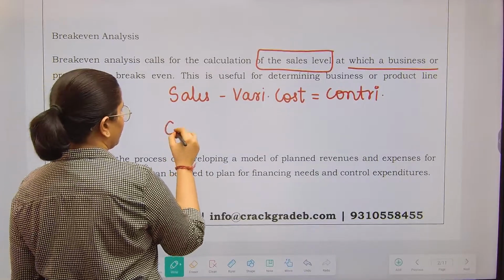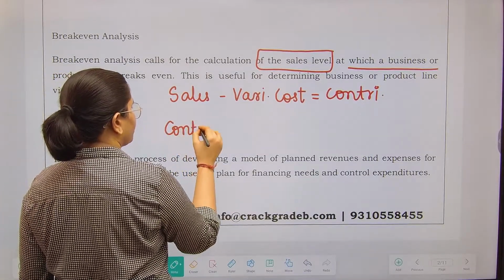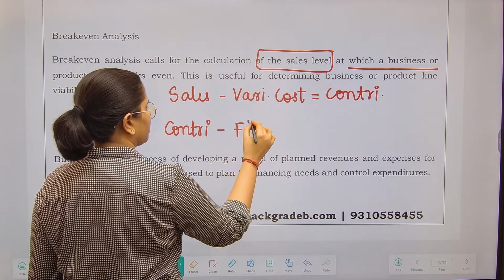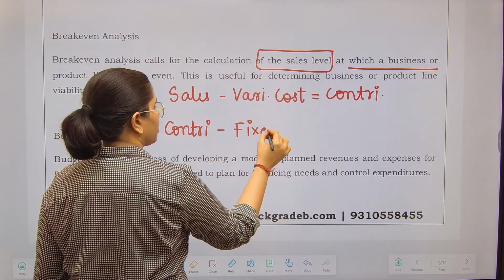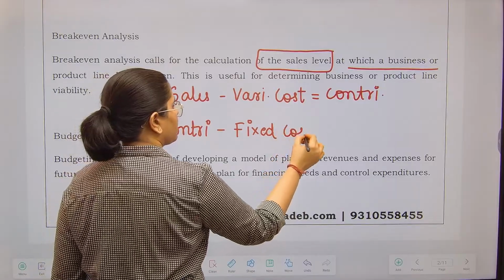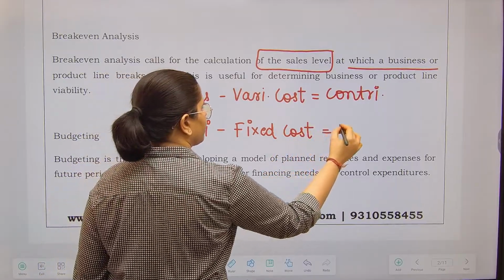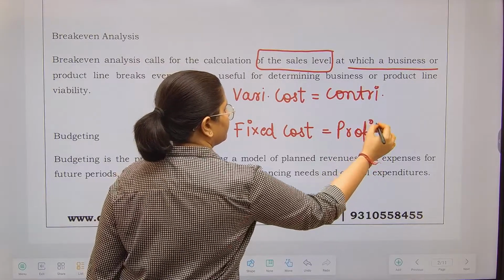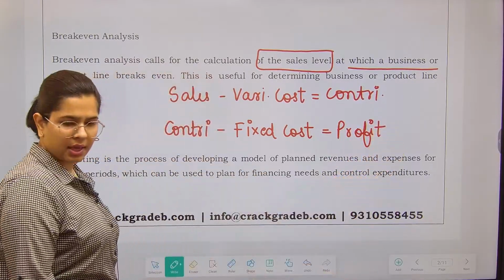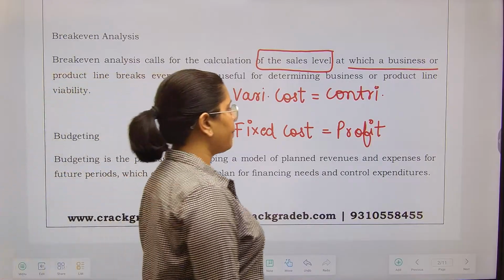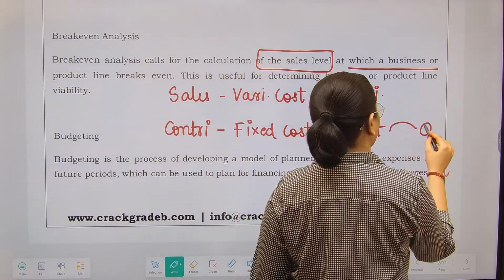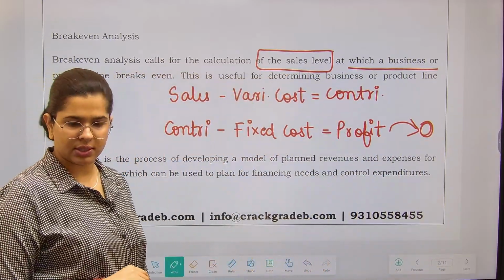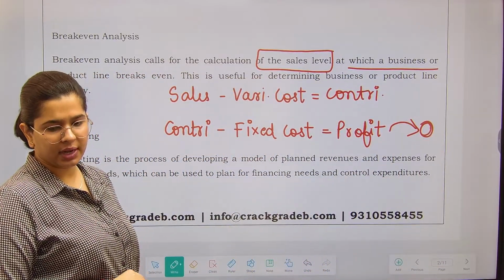And then contribution less fixed cost is equal to profit. ठीक है, so if your answer here is 0, that is called no profit, no loss. This is your break even condition.